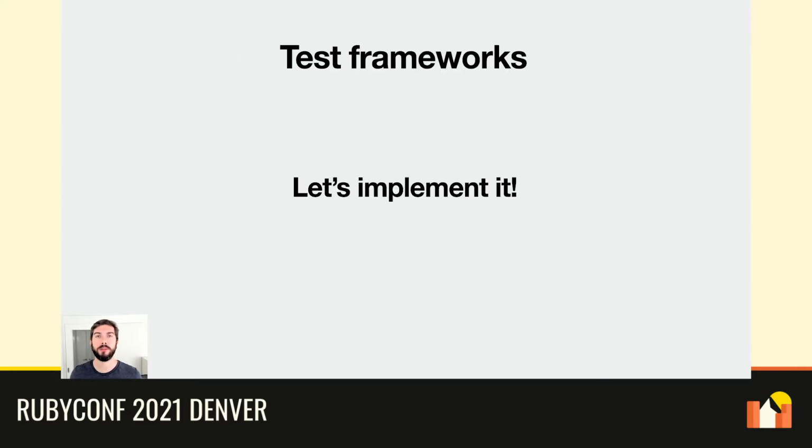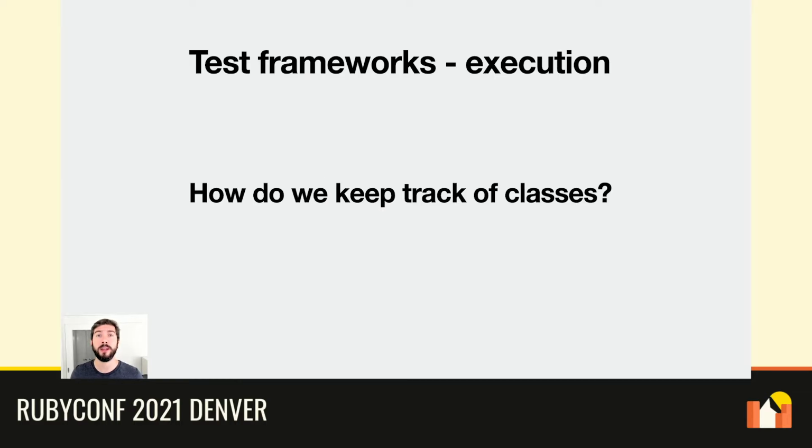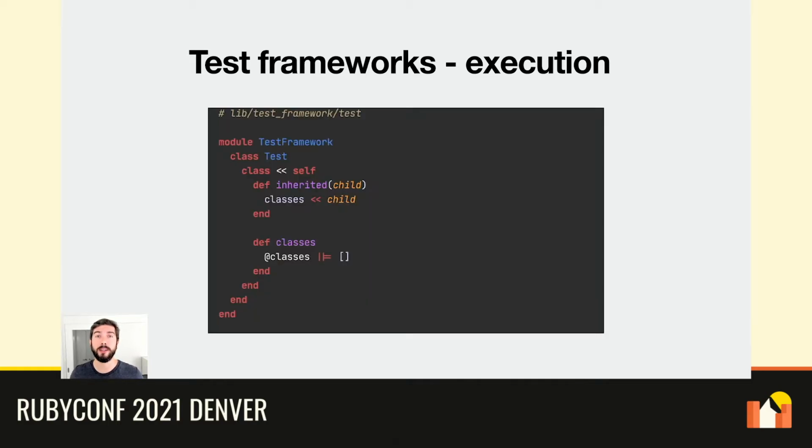So let's actually get down to implementing it, and we'll begin by figuring out how we can keep track of all of the test classes that are defined. We know we're going to be requiring the test files, but how can we keep track of the classes that are defined by them? Well, one strategy we can take is by defining a class method inherited on a base class Test, and we're going to define that every test must inherit from this class.